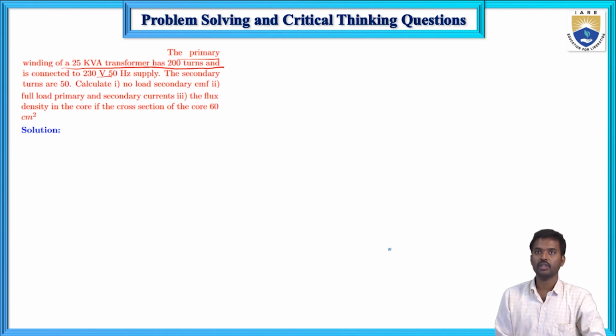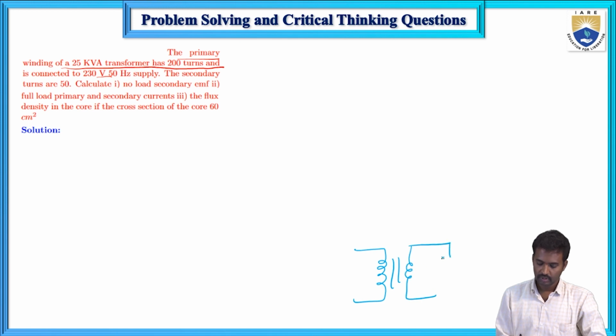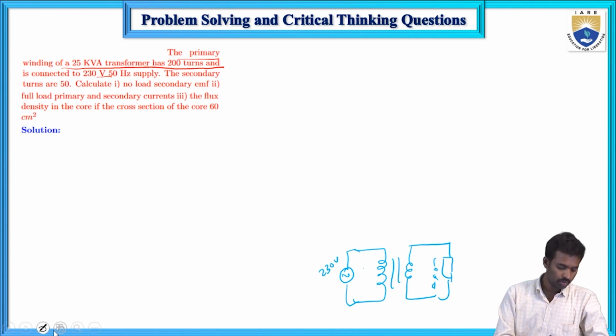Now I will draw the circuit first. This is the transformer symbol. This is the load. This is the supply voltage. Here supply voltage is 230 volts. Now let me change the color.